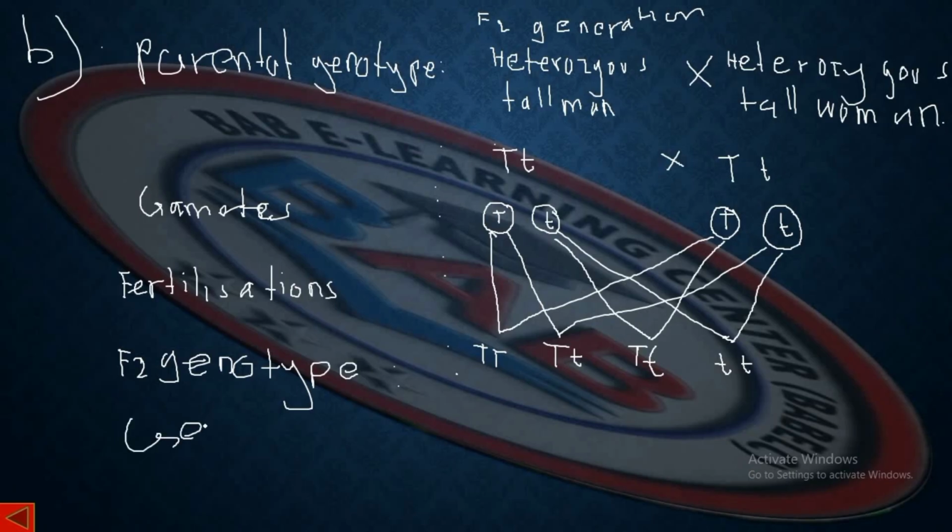The genotypic ratio is one TT, two Tt, then one tt.